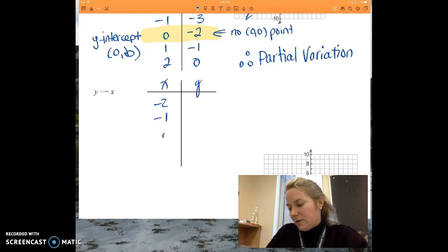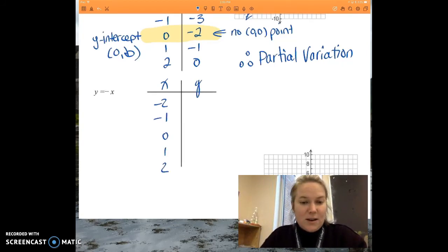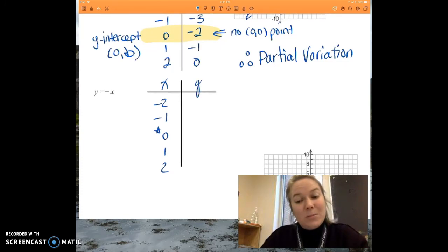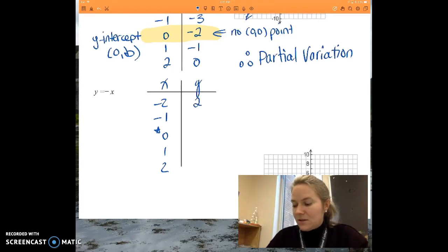Minus 2, minus 1, 0, 1, 2. As I said, I'm just picking those x values. You can pick whatever values you want. I would highly recommend picking one where x equals 0, since that's one of the points that we're really interested in this topic. So if x is negative 2, y equals negative x, negative negative 2 is positive 2. Positive 1, 0, negative 1, negative 2.